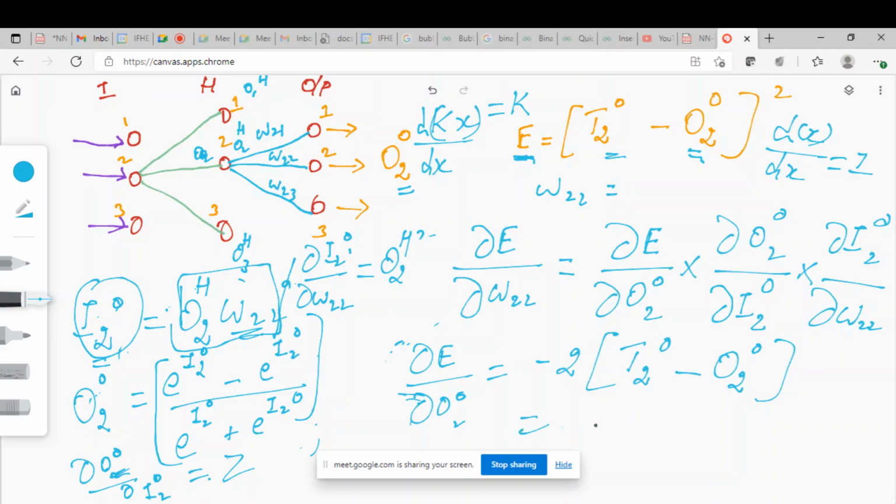That is minus 2 into T2O minus O2O, into this part which we have not fully solved, let us assume it is Z, so Z into O2H. If you know all these values, then we can plug them in and see, for some value of W, what we will be getting.